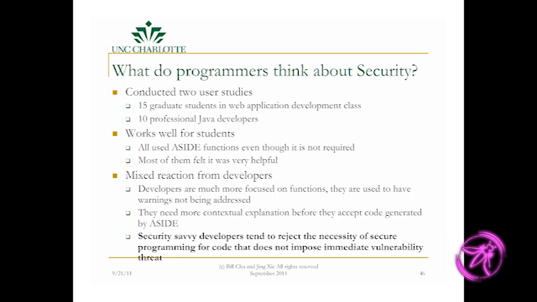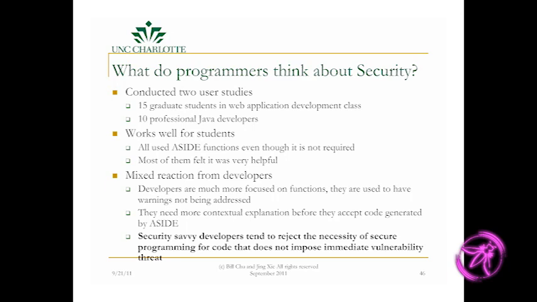So we actually did some user studies, right? This is what real people think about it. We did a user study on 15 graduate students and 10 professional programmers. I don't really have time to go into the details, but overall, people generally notice the warnings. They like this approach, but it works really well with students.